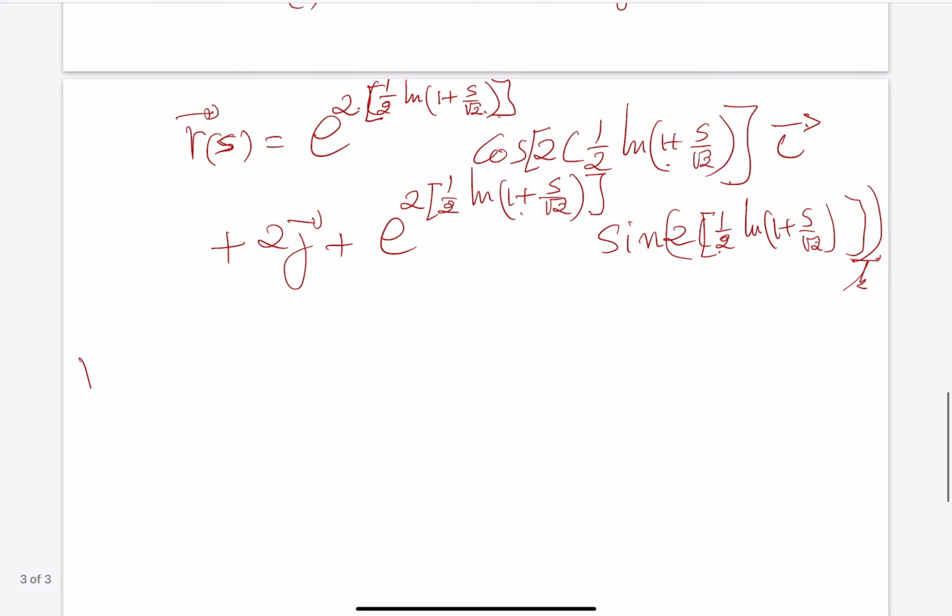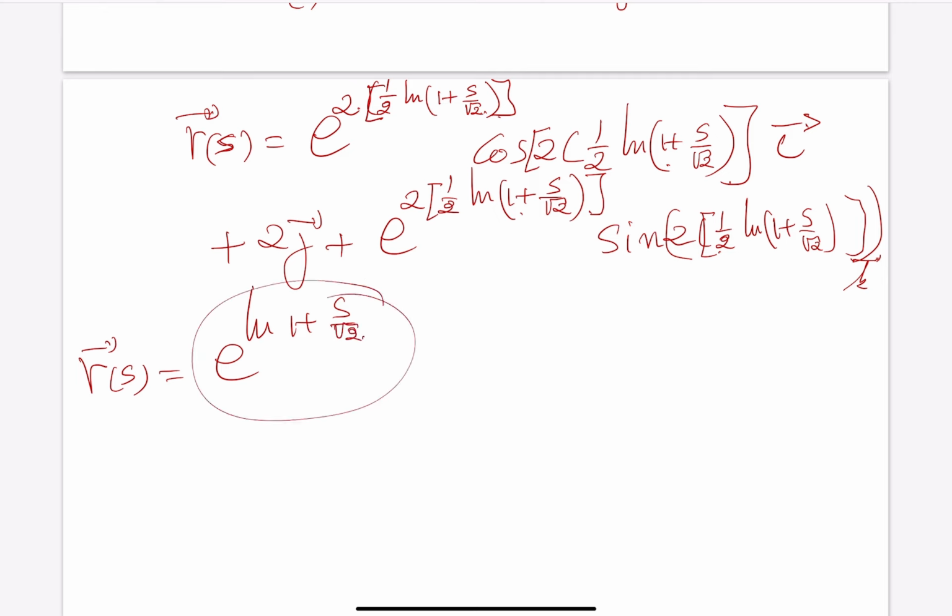Okay, let's keep going. The vector function in terms of s is, the 2 will cancel out, by the way. The 2 will cancel out, and you have this one. You have e to the ln 1 plus s over square root of 2. What do you think this one should be?